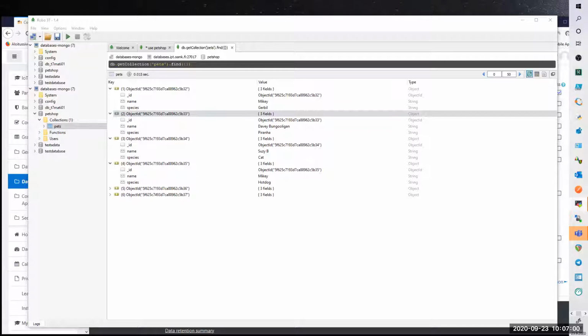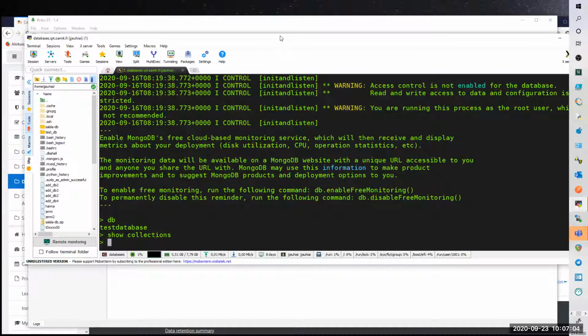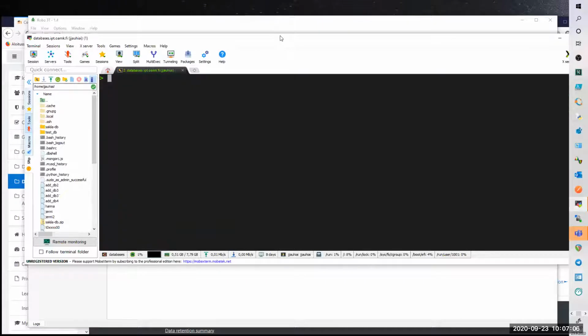And of course, you can use the MongoDB command line here also. For example, this database there. It's like in MySQL, very similar this login.